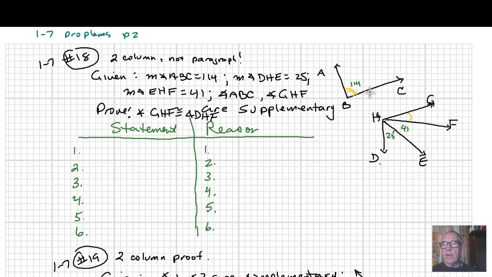And we can show then that 180 take away 114, since supplementary angles add up to 180, is going to cause GHF to be 66 degrees. Now they're telling us also that DHE and EHF are 25 and 41 degrees. Together, these also make 66 degrees. So we're going to bring that out in the proof, and then we'll end up with DHF of 66 degrees equal to GHF of 66 degrees, which leaves these two angles congruent with each other. So that's what we need to do in this proof. Let's see how we can do that.